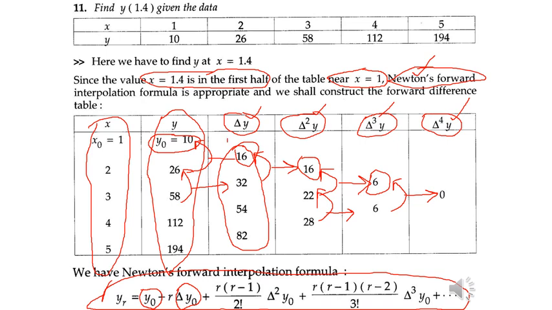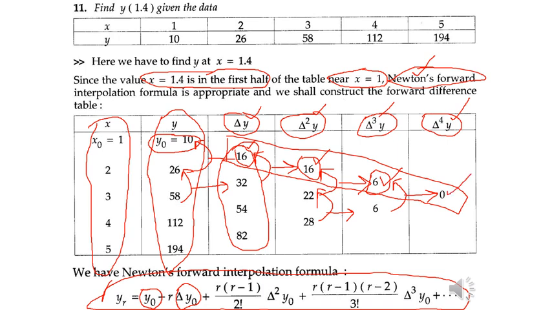So these entries are leading forward entries: delta y naught, delta square y naught, delta cube y naught, delta to the power 4 y naught.